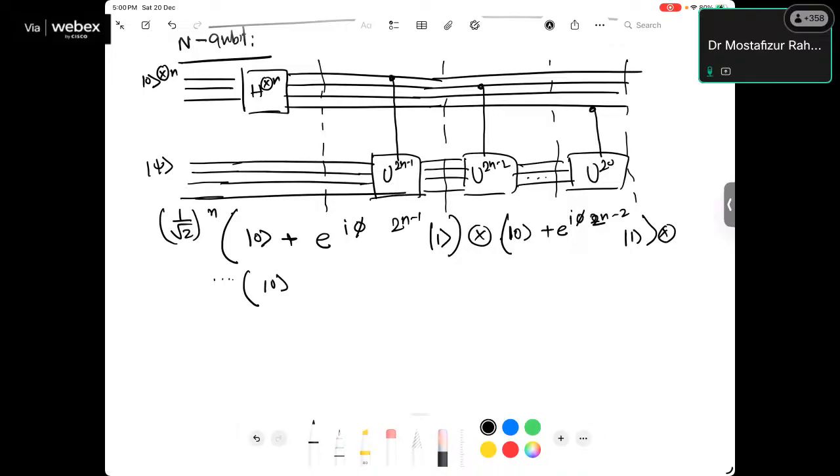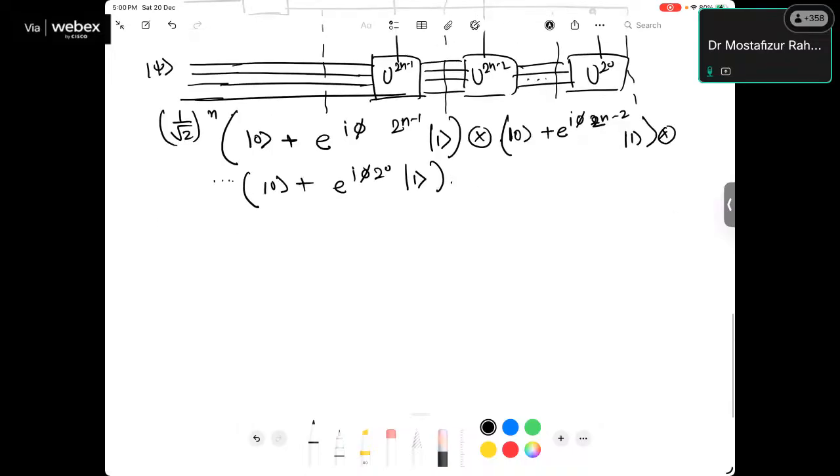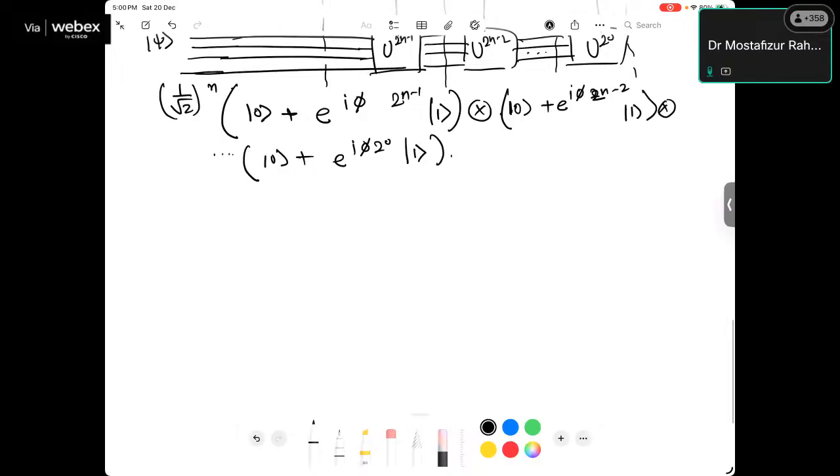The last term will be |0> plus e to the power i phi 2 to the power 0 |1>. So please allow me 2-3 more minutes. I just want to complete this part, because otherwise it may not be possible to do things.